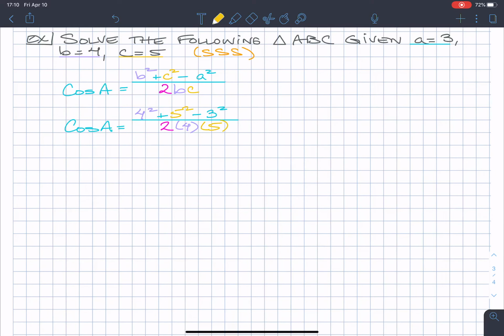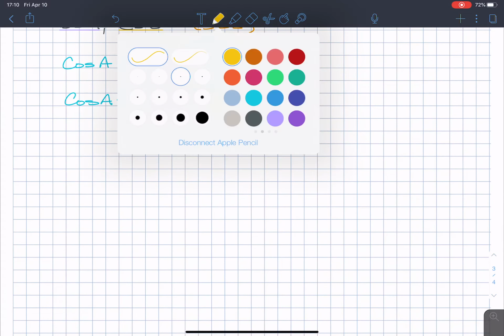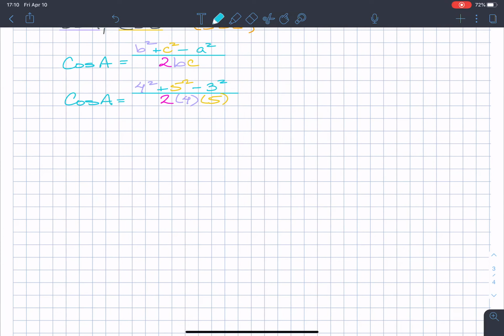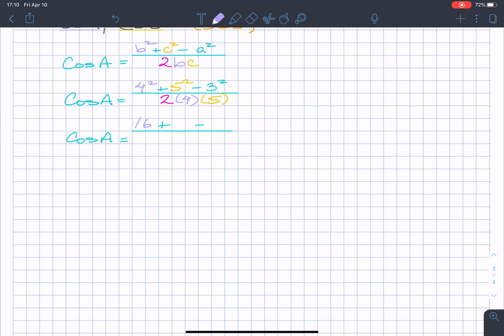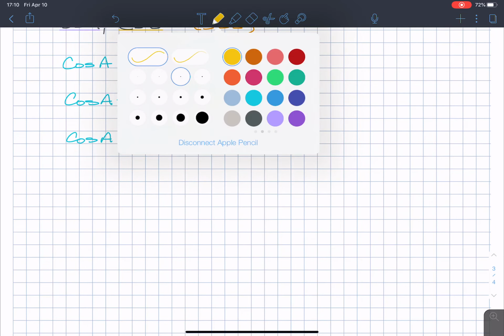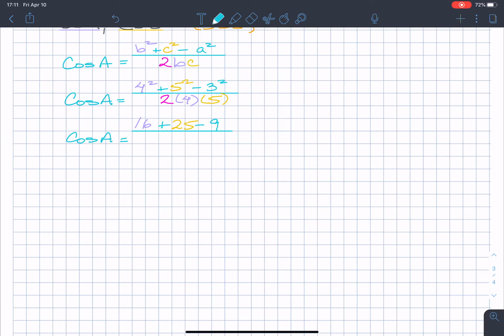Hopefully I did that correctly. Okay, so what do we have here? So cosine of A will be equal to 4 squared is 16, 5 squared is 25, 3 squared is 9, 2 times 4 is 8, 8 times 5 is 40.